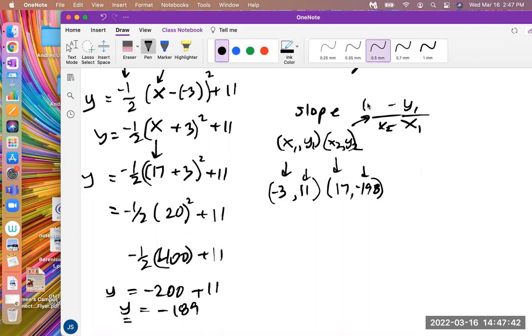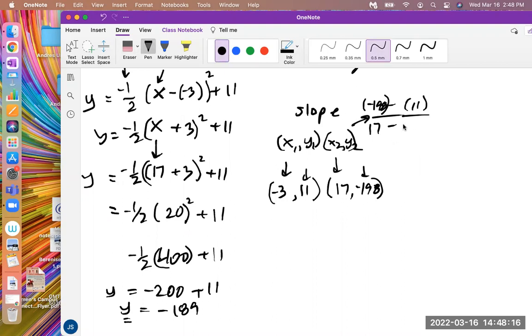And it's a good idea to put things in parentheses when you substitute them in. For y1, I'm putting 11. For x2, I'm putting in 17, and for x1, I'm putting in -3.